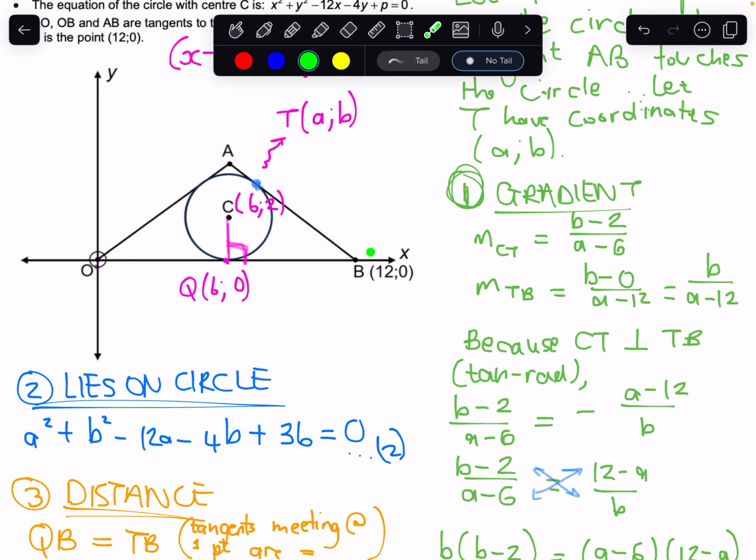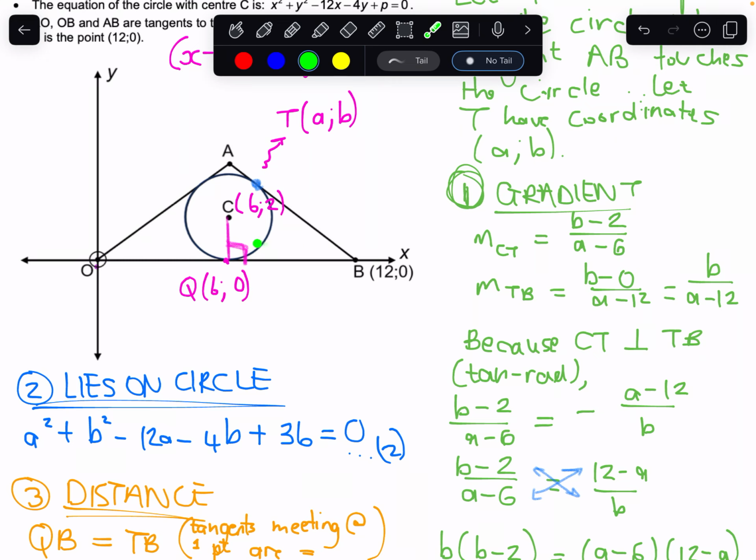Could there be another tangent from B? I don't see how.